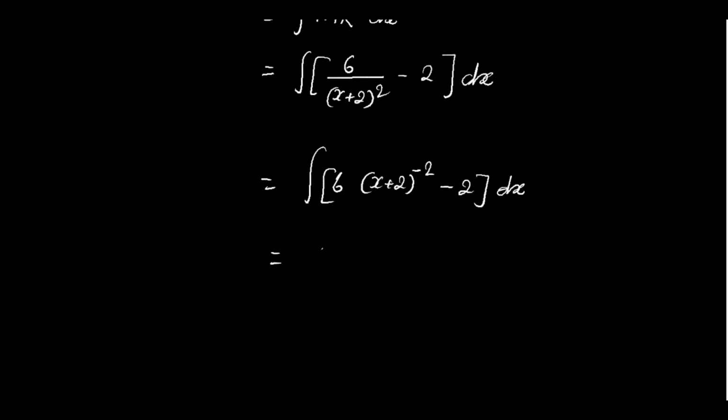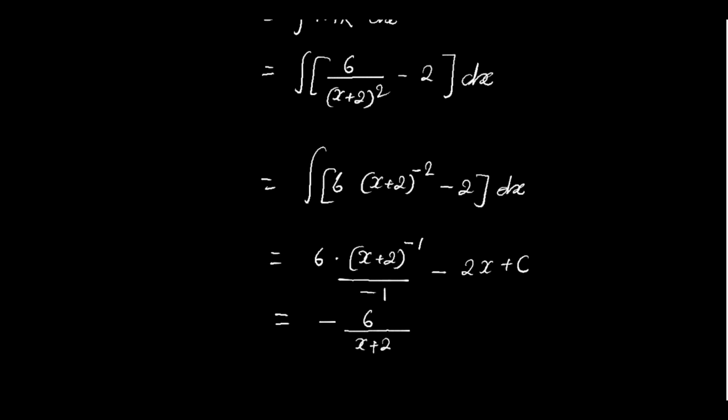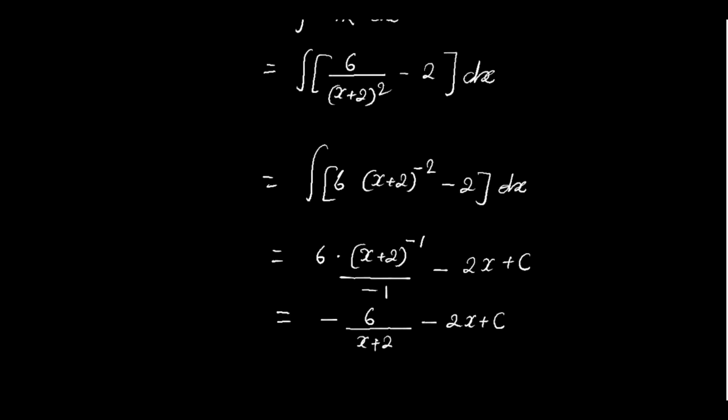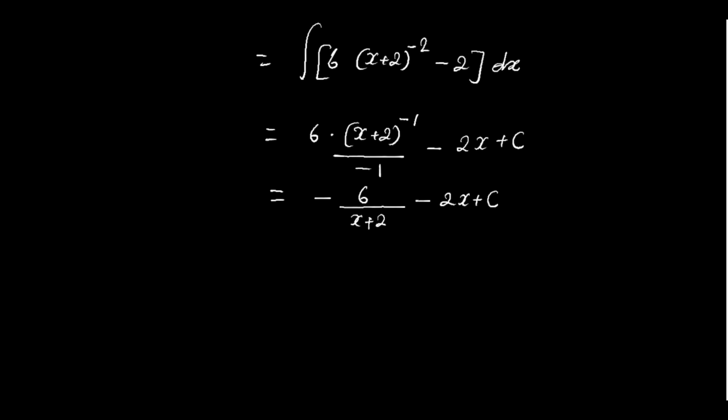So 6 into the power of (x plus 2) will increase by 1, so the power will be minus 1 by minus 1, minus the integration of 2 is 2x, and then c, which is equal to minus 6 by (x plus 2) minus 2x plus c. But in the case of revenue, when the quantity sold is 0, then the revenue will be 0.